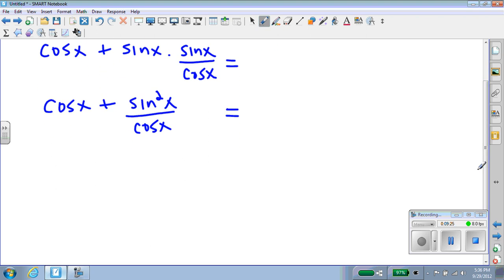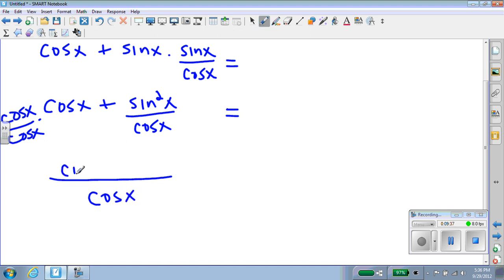Now I'm going to find a common denominator, so I'm going to multiply this by cosine x over cosine x. So I'm going to get cosine squared x plus sine squared x, and by a Pythagorean identity, that's 1 over cosine x.